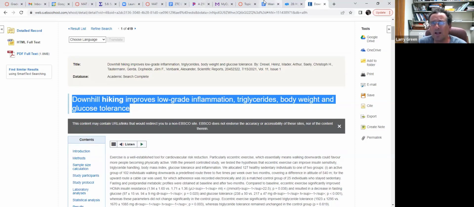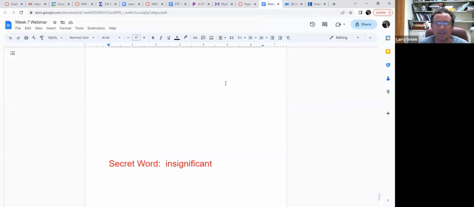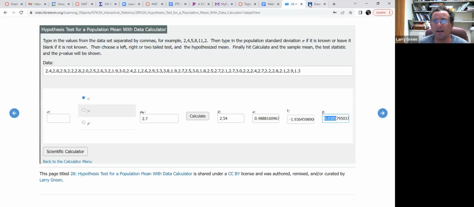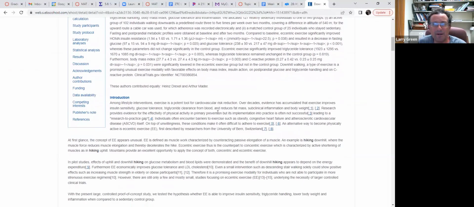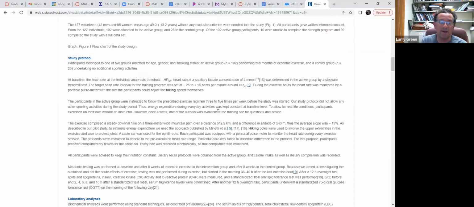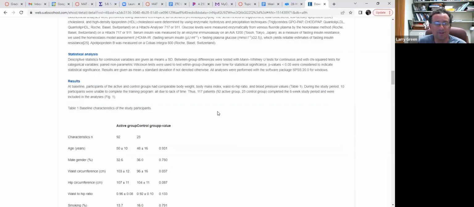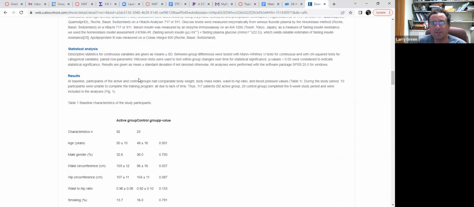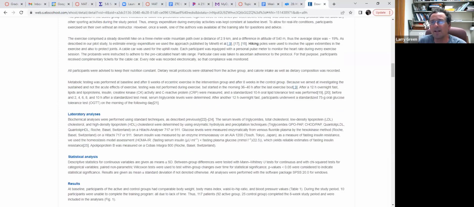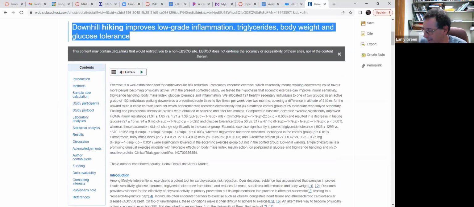If it's a very long journal article, then you might want to talk about where it is instead of the page number. Like, for example, we found it here under results. So you would post, you can find it under results. And that way you're guiding your partners and your fellow students how to find where the p-value is.